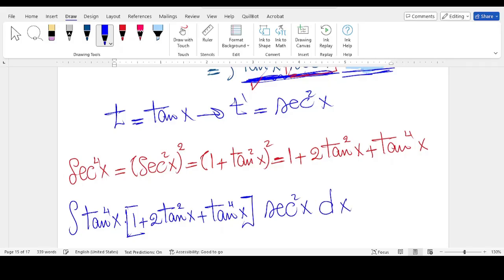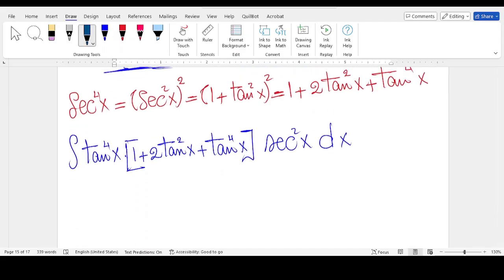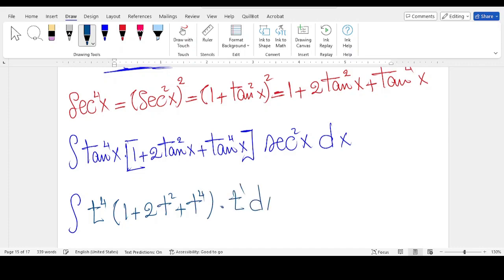Here tan is t, sec square is t dash. So replace tan by t. This will be t power 4 times 1 plus 2t square plus t power 4 times t dash dx.